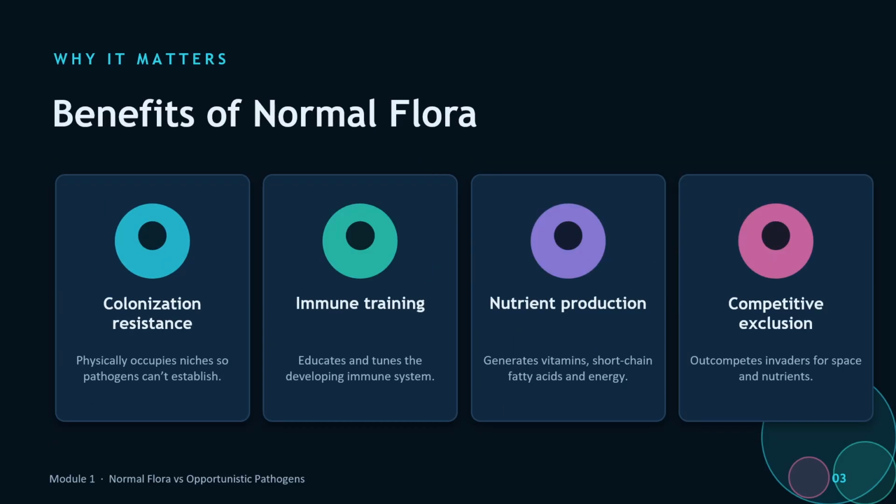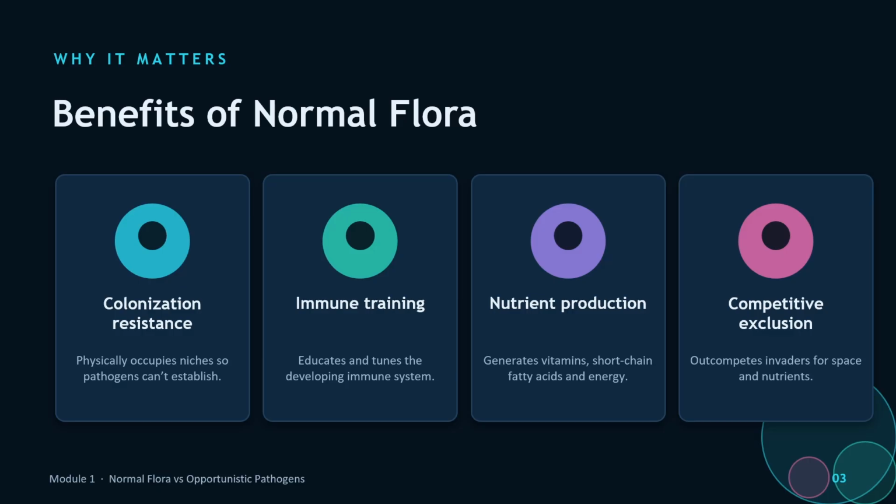Normal flora are not passengers. They are active contributors to health, and there are 4 benefits worth memorizing. First, colonization resistance. By physically occupying the skin and mucosal surfaces, commensals leave no open real estate for pathogens to attach and establish. Second, immune training.